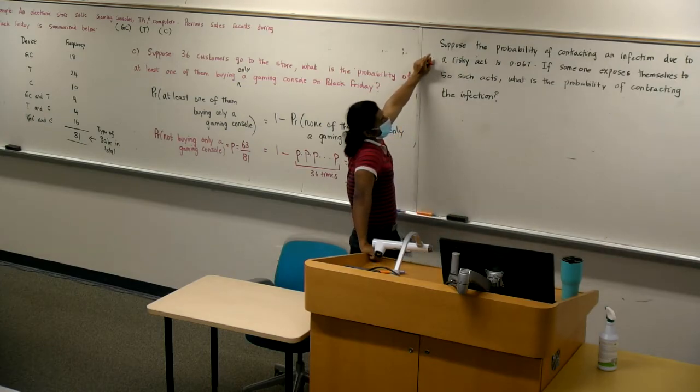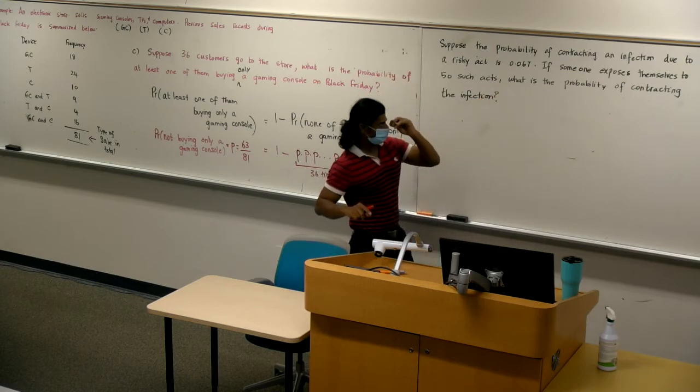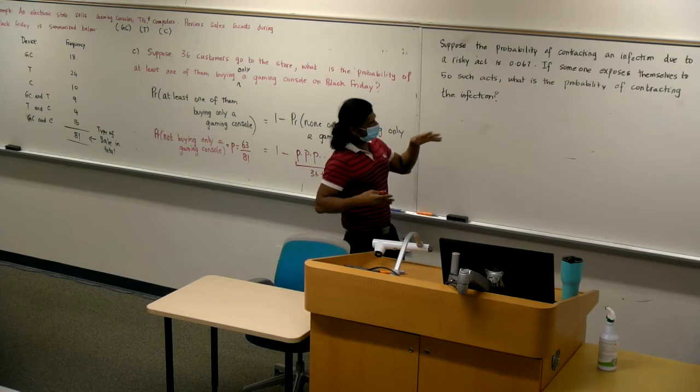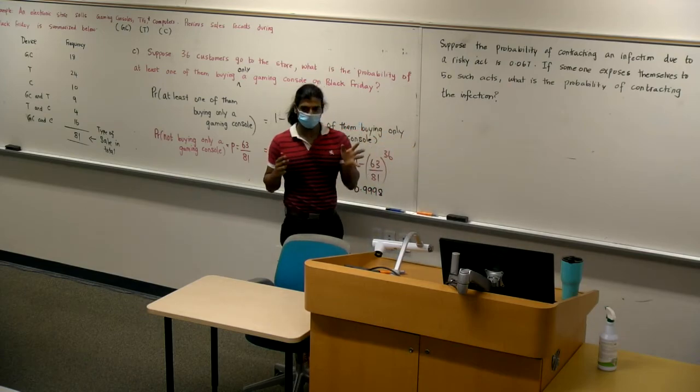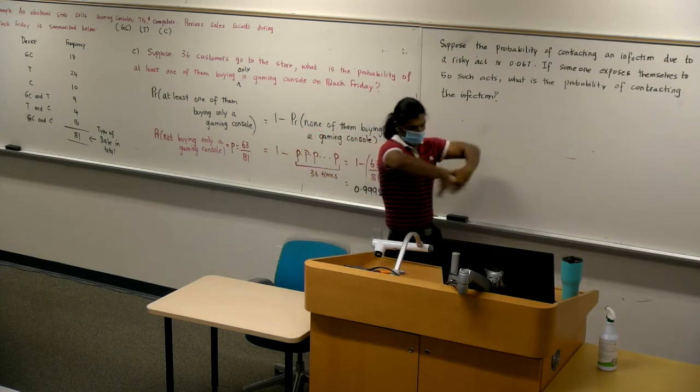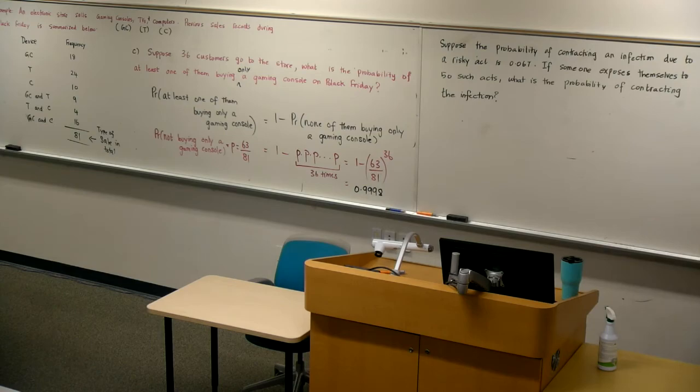Suppose the probability of contracting an infection due to a risky act, could be whatever, is about 0.067. If someone exposes themselves to 50 such acts, what is the probability of contracting the infection? Now, what would it mean to contract the infection?